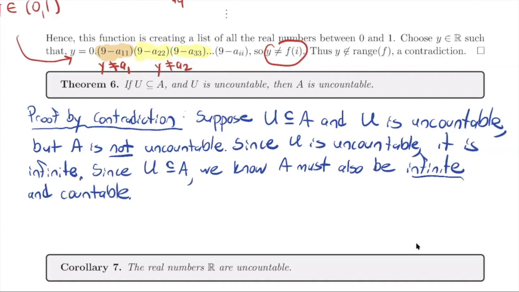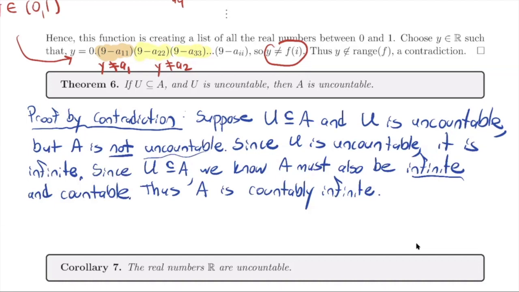Okay, so we know that A has to be infinite. And again, we already assumed that it was not uncountable. So in other words, we have assumed that it's countable. So now we have that A is a countably infinite set. It's infinite because by assumption U was, and it's countable because we're trying to prove this by contradiction.